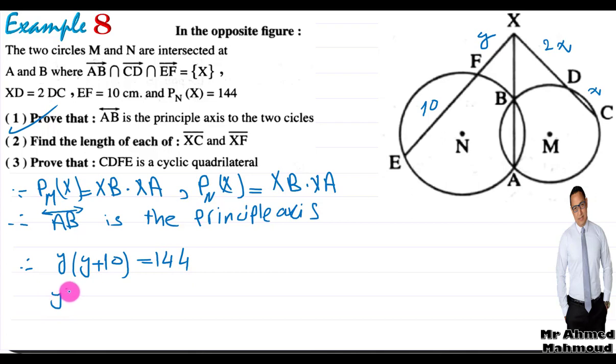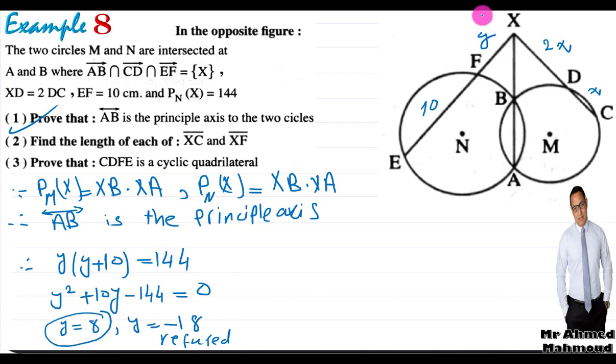So y squared plus 10y minus 144 equals 0. So in that case, y equals 8 or y equals negative 18. This is refused. So y equals 8, so XF equals 8.